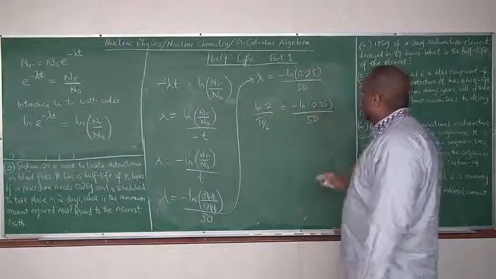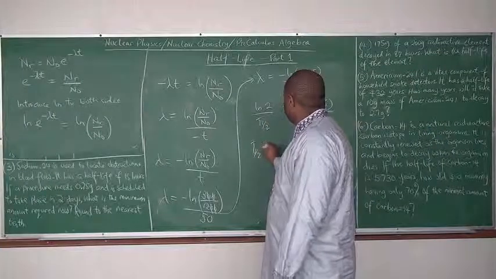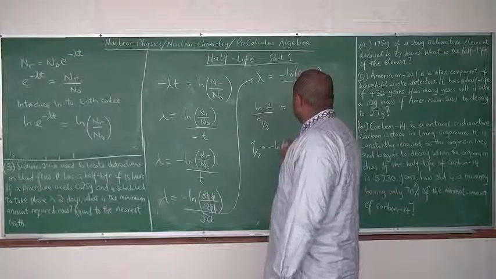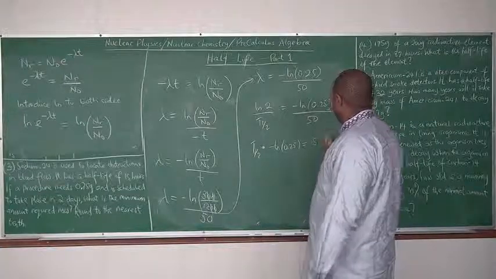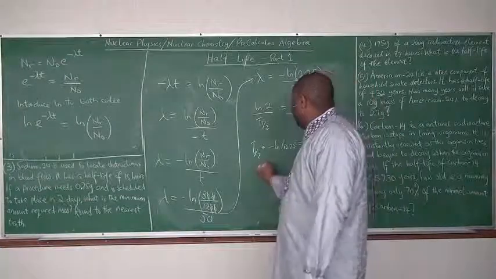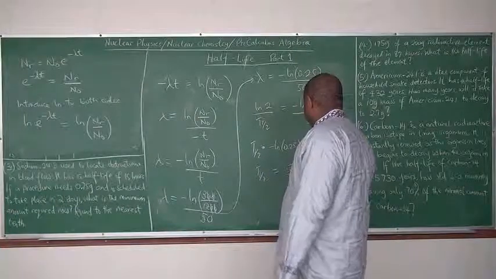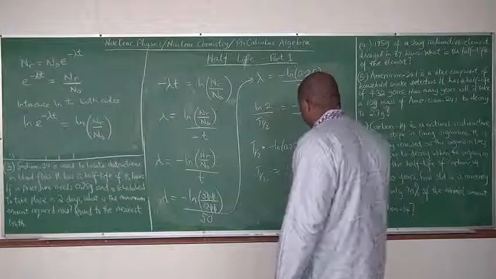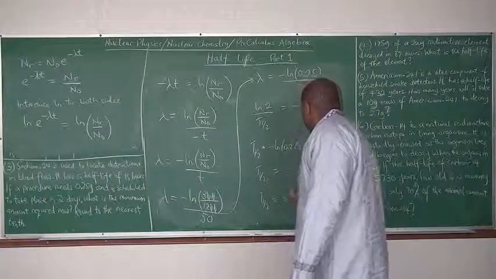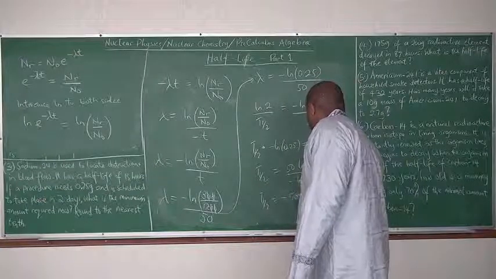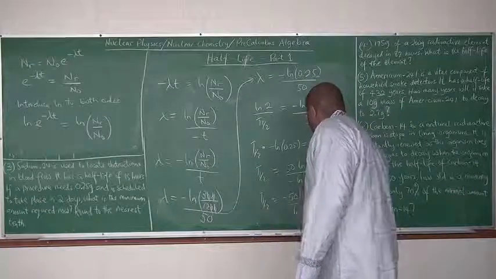We can cross multiply: half-life times negative ln 0.25 is equal to 50 ln 2. So half-life is equal to 50 ln 2 over negative ln 0.25, which is negative 50 times ln 2 all over ln 0.25.